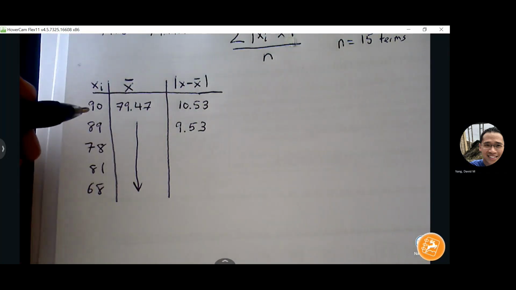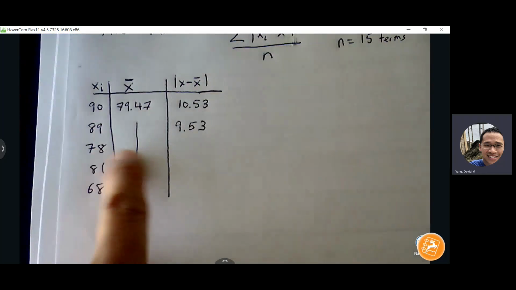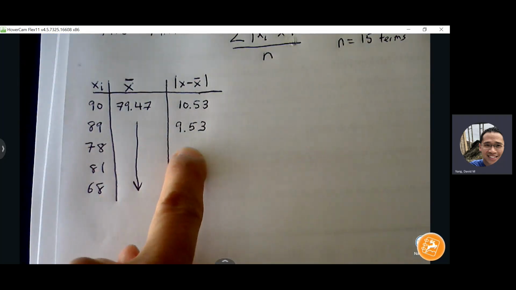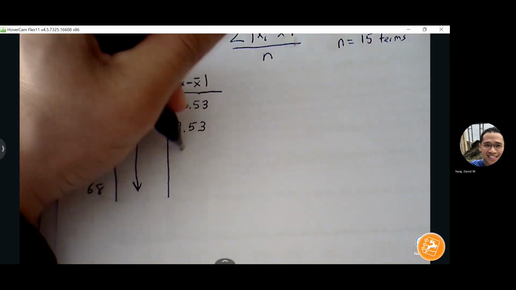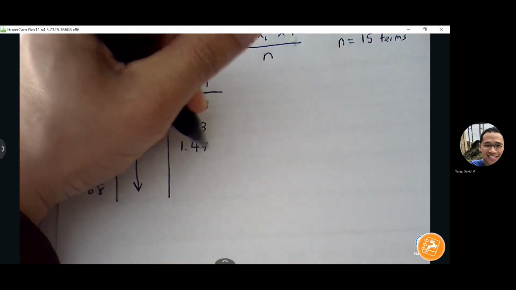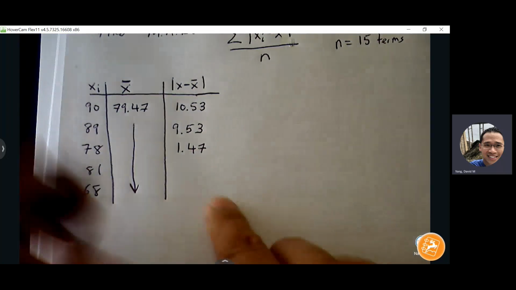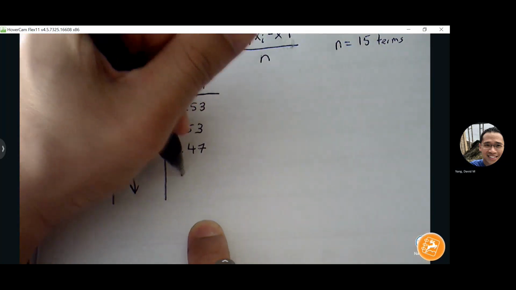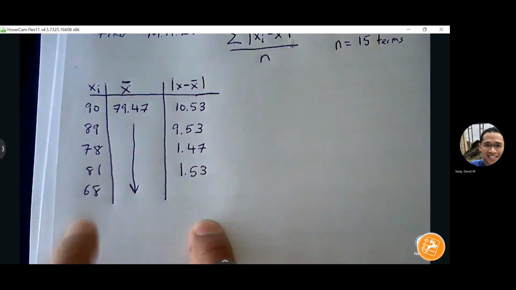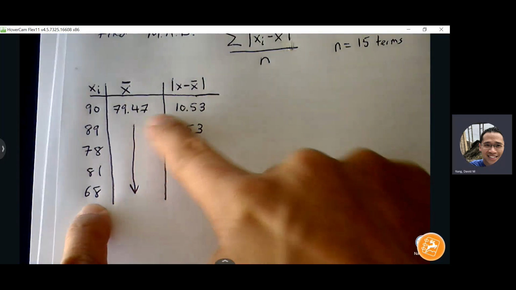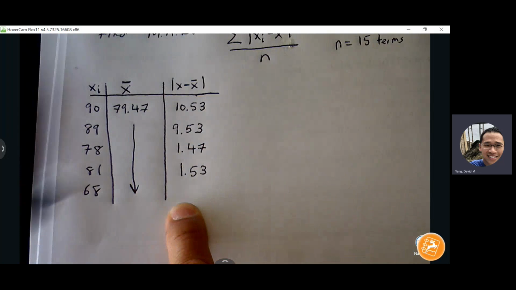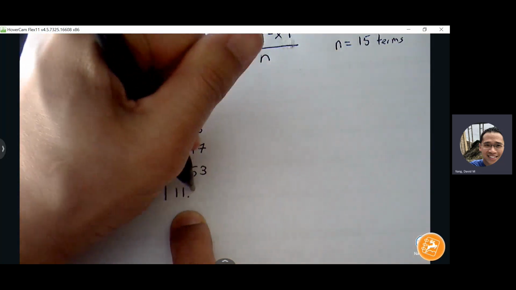78 minus 79.47. So here you're going to get a negative value, but you're going to force it positive. 81 minus 79.47. Here you'll get a negative value, 68 minus 79.47, but you're just always going to choose the positive.